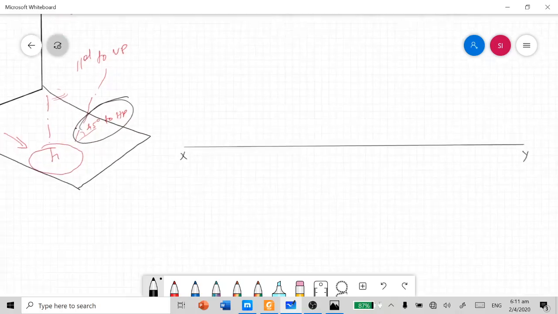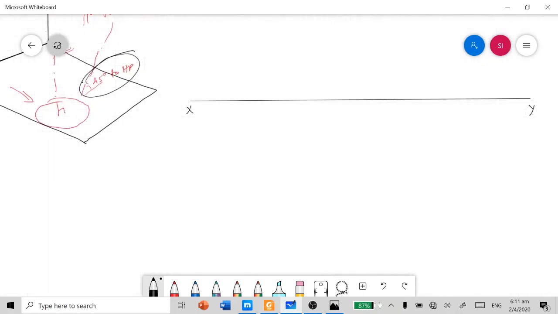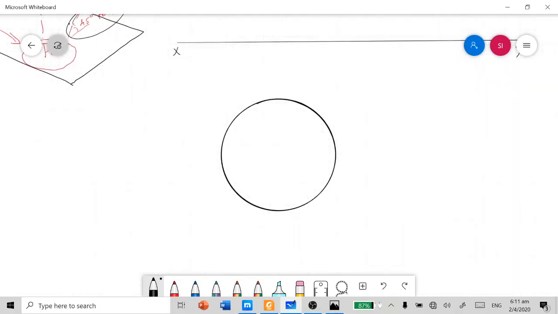Let's draw the base view of the solid. The base view of the solid here is a circle in the top view. And now, for our convenience, we are going to separate this circle into 8 equal parts as sectors.